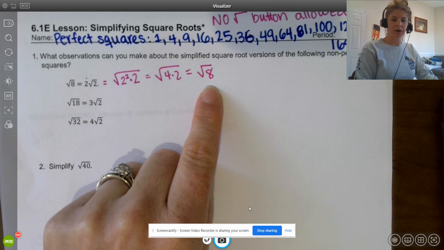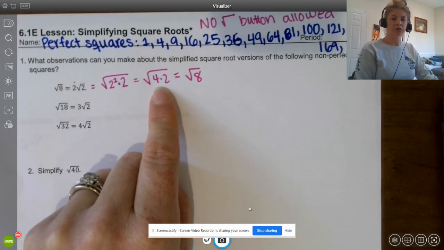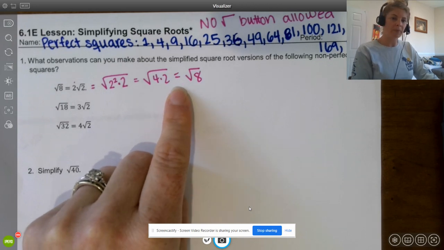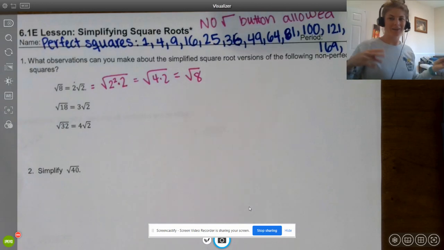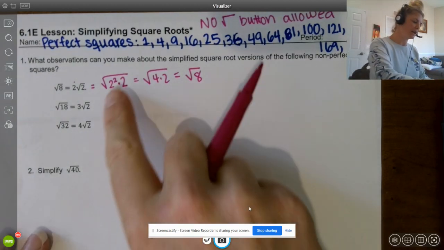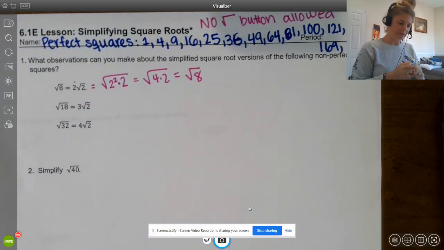We took the square root of 8 and we broke it into its perfect square factors. So 4 times what? 2. And then 4 is 2 squared, and we know square roots and squaring are inverse operations, so they undo each other. I can pull that 2 out, and there's a 2 left inside.